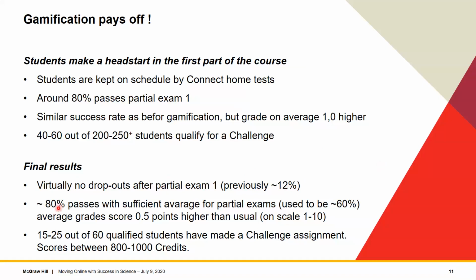Around 80% passes with a sufficient average for both partial exams, and this used to be around 60%. And not only is the success rate going up, but they also score a grade half a point higher.